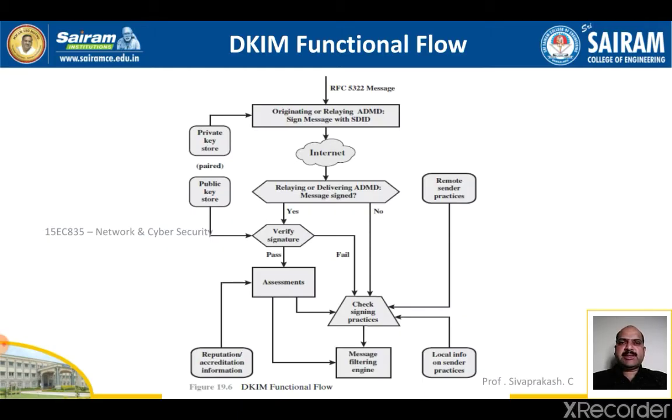Before a message is signed, a process known as canonicalization is performed on both the header and body of the RFC 5322 message. Canonicalization is necessary to deal with the possibility of minor changes in the message made en route, including character encoding, treatment of trailing white space in the message lines, and the folding and unfolding of the header lines. The intent of canonicalization is to make a minimal transformation of the message.